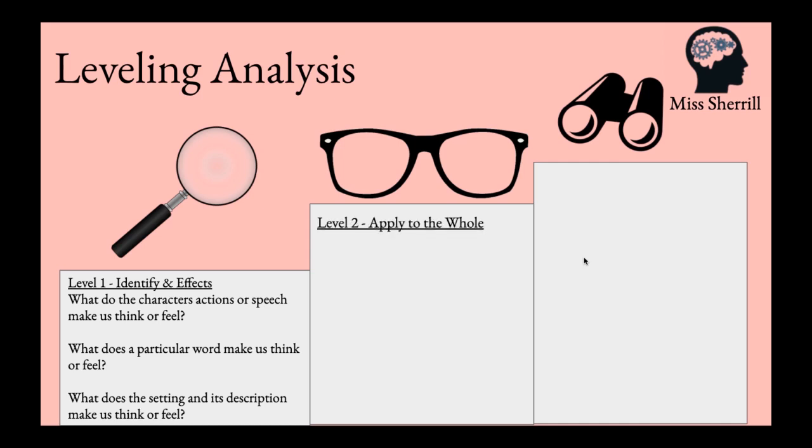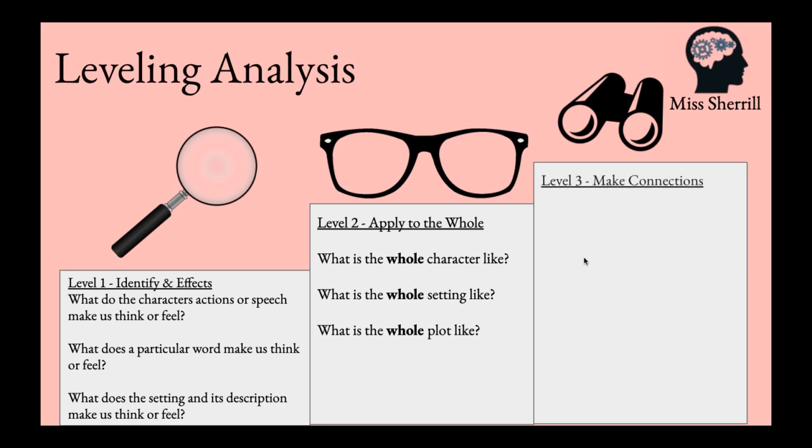Once we've found one thing to look at in level 1, we want to take that example and apply it to the whole. So we can apply it to: what is the whole character like, what is the whole setting like, what is the whole plot like. After we've done level 1 and level 2, we can move to level 3 where we want to make connections to something bigger than the story.